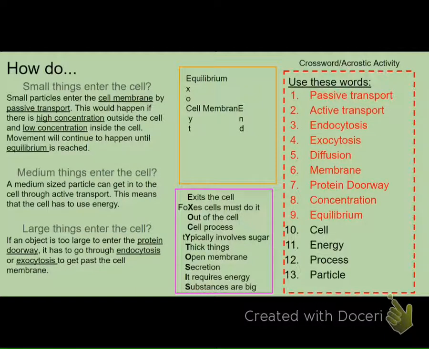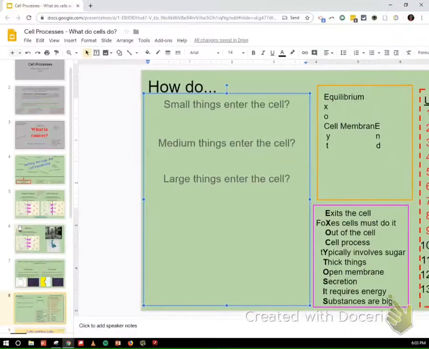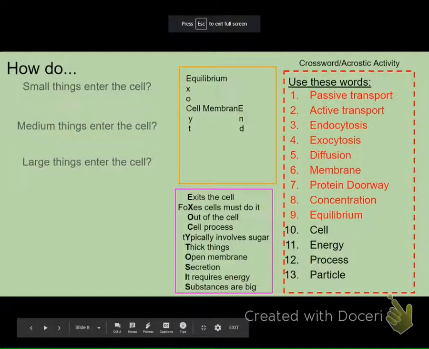And then medium things enter the cell. And then what are some ways that large things enter the cell, or a large group of things enters a cell? And for each of these, you need to be using the red 1 through 9 over on the side. You're going to be using that stuff over to the right, the red over to the right.